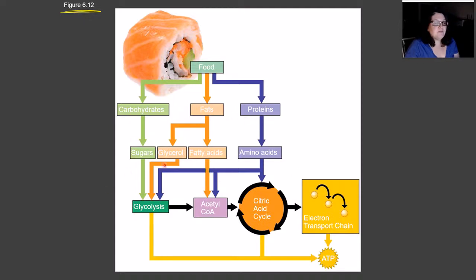And they go into different parts of this cellular respiration here, aerobic respiration. Now I don't really care if you know this bottom part. I'm not going to ask you to know it. You should know that all 3 of these things can be used for cellular respiration. And they go into different parts of it too. So we start out with glycolysis, acetyl-CoA, citric acid, and electron transport. Acetyl-CoA is kind of an intermediate there where obviously some fatty acids and amino acids get fed in here. All 3 of those types of macromolecules we've already talked about will be used for fueling our body's processes.